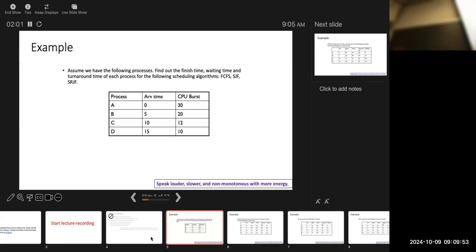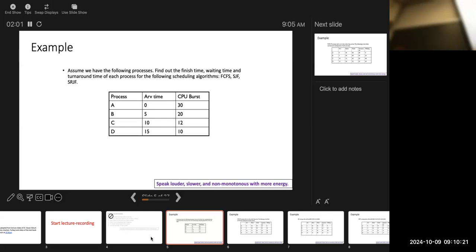So now we are also done with B. Then at 50, we look at the ready queue. C and D both are ready, and C has the smaller execution time or burst time. So we schedule C, right? And 50 plus 12 is 62.